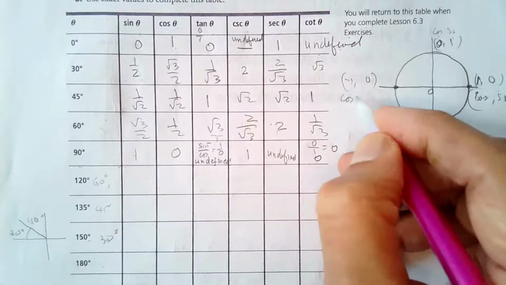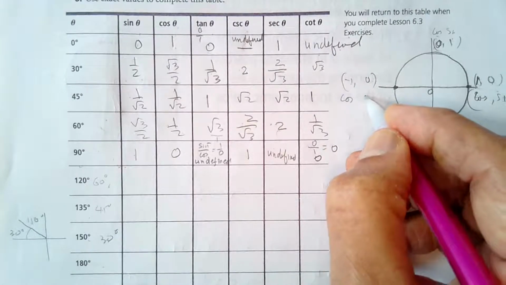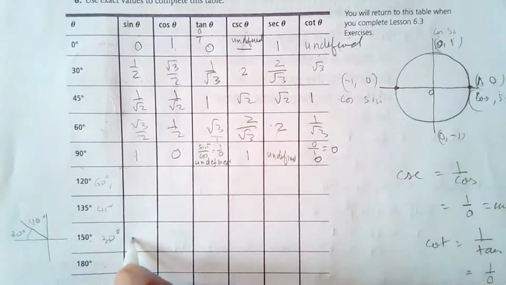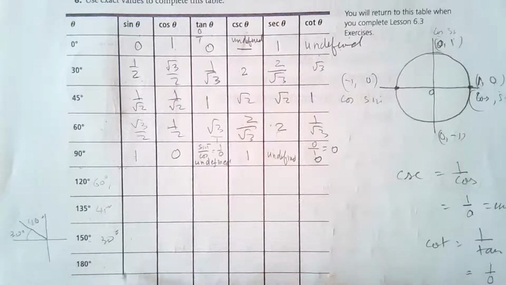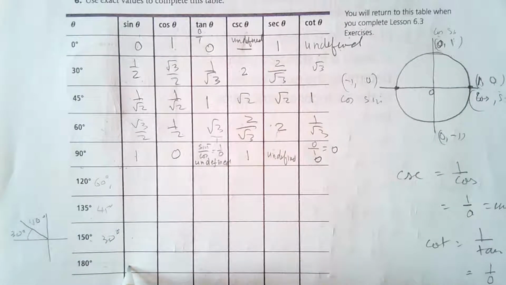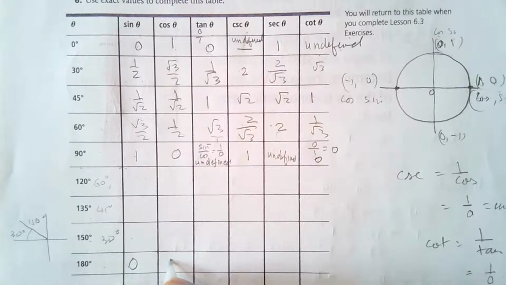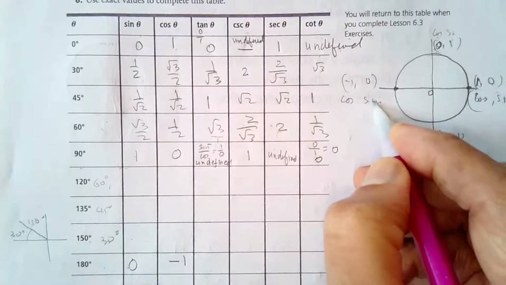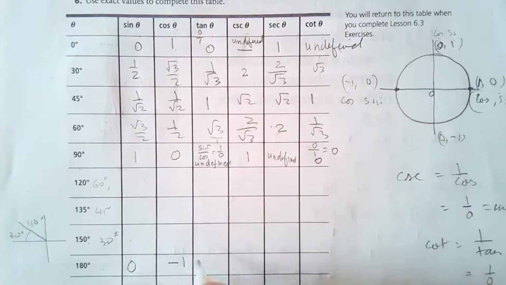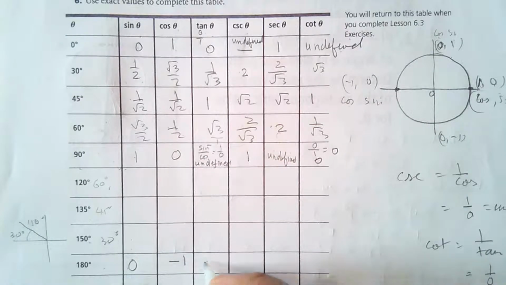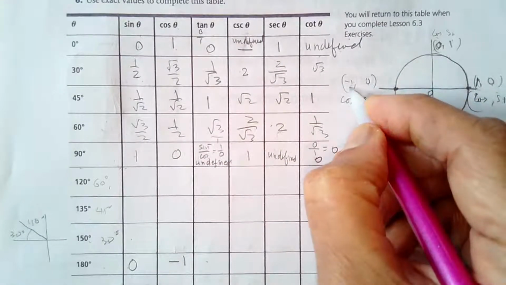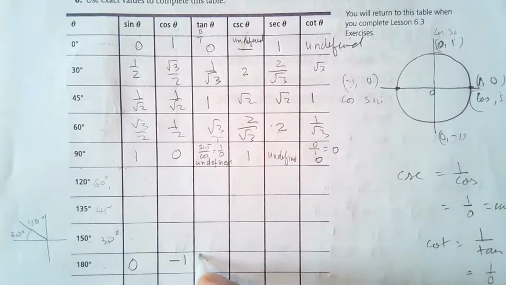So cos 180 is -1 and sine 180 degrees is 0. -1 is cos. Tangent would be sine over cos. So we have 0 over -1 is 0.